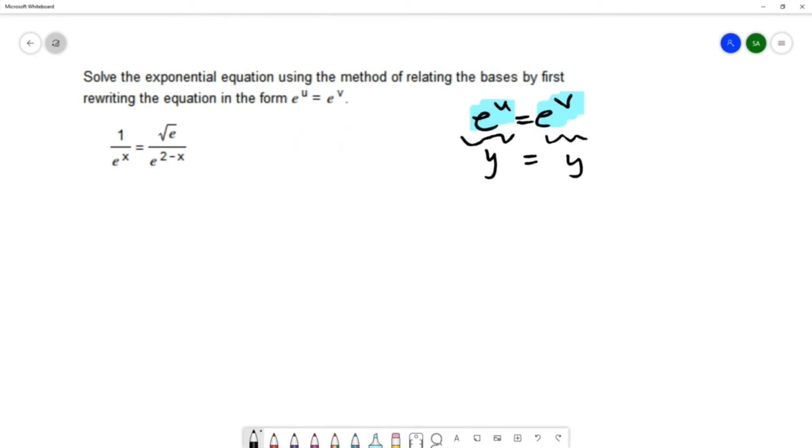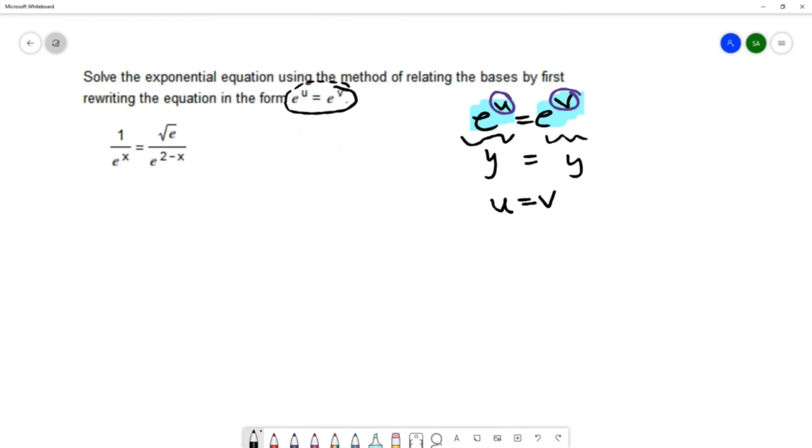And that one-to-one property says that if you have these y's that are equal, then these x's that are in the exponent must be equal, so u must equal v. So it allows you to simplify the exponential equation into some other type of equation. So we're going to start by trying to rewrite in this format, and we're going to have to use some properties of exponents. So one of the properties we're going to use is related to negative exponents.